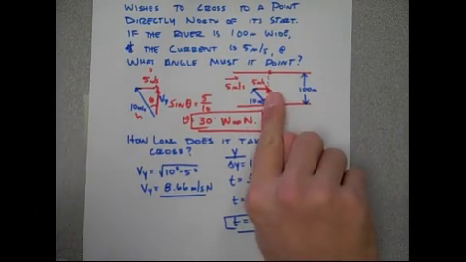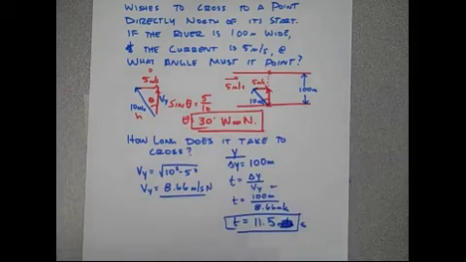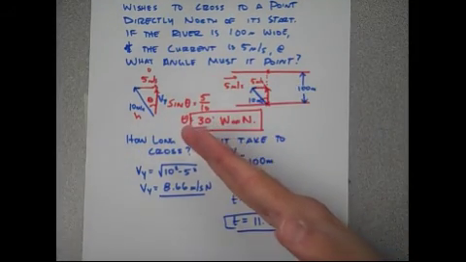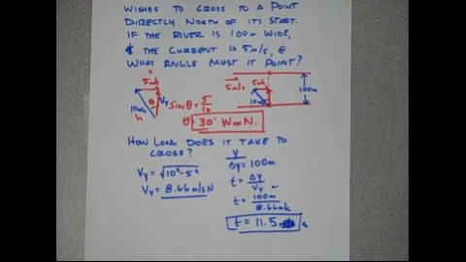If you would have just pointed straight across, it would have taken him 10 seconds, and he would have floated 50 meters downstream. As it is now, we're pointing into the current 30 degrees, going straight across, and it's taking us 1.5 seconds longer.